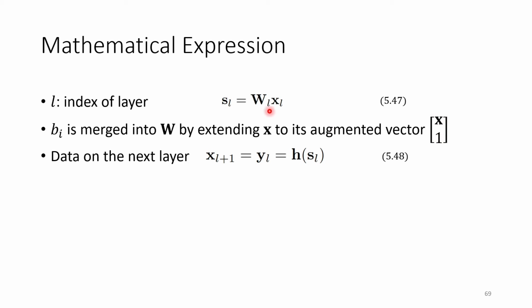Then it will become this expression. So the output will be the activation function applied on the vector s. It will be the output of this layer, and it will also be the input of the next layer.